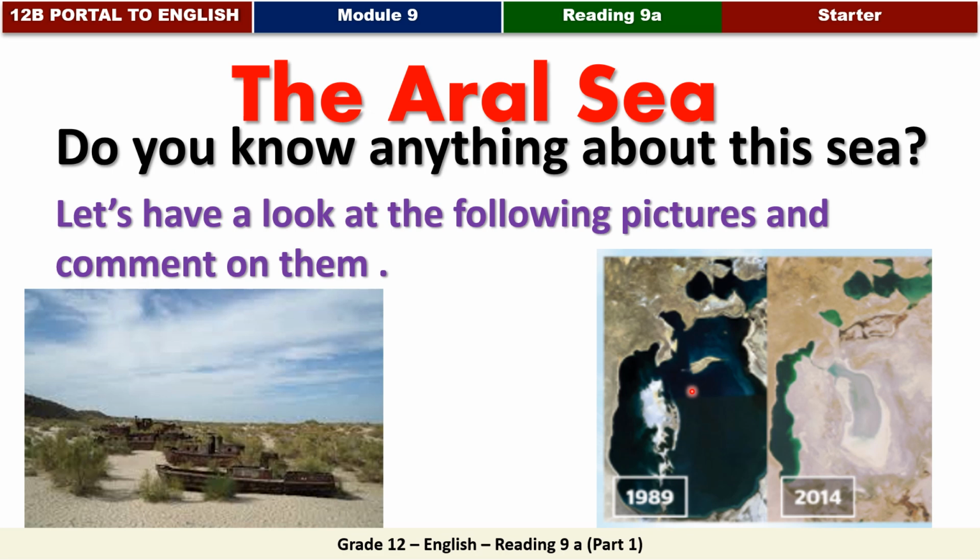It was full of water, but here in 2014, it is completely dry, as it is shown in the first picture. We have here a desert place. You see the boats here, which used to be on water. Now they are in a dry place. Good.